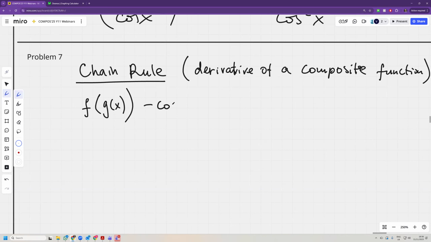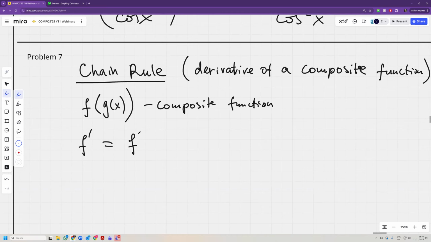And the derivative of it is, well, let's not make it harder for ourselves, the derivative is f dash with respect to g multiplied by g dash with respect to x.